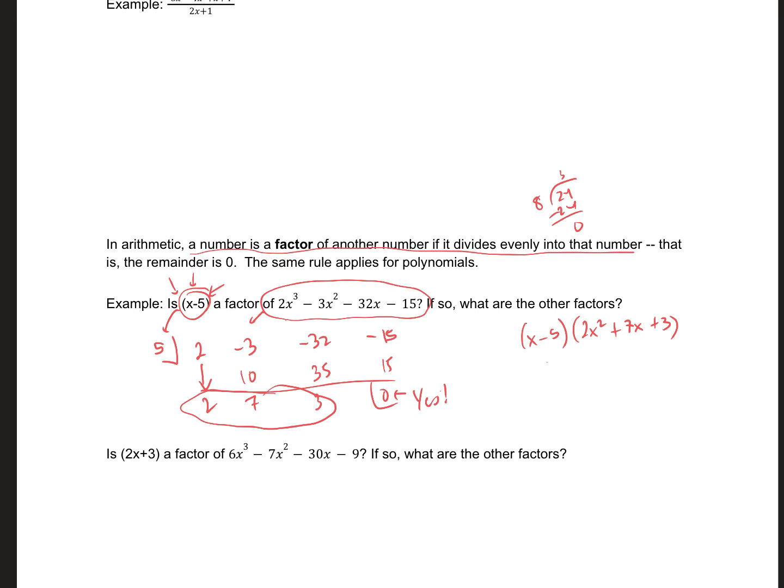So if I wanted to find the other factors of this polynomial, I would look at this quadratic and then factor it like we learned in the last chapter. I look for two numbers that multiply to give me 6 and add to give me 7. Those two numbers are 1 and 6. And I can do either grouping or the box method. I like the box. 2x squared here and 3 here.